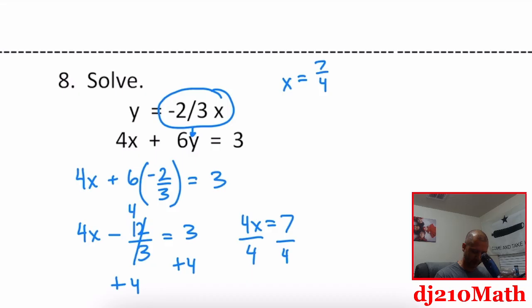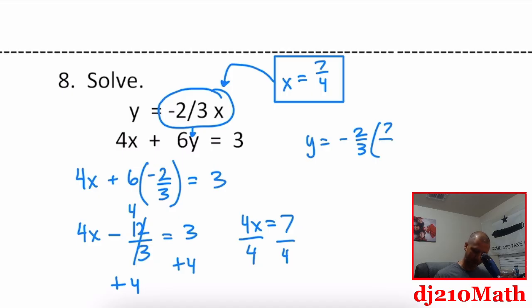Plug that into here, and we get y is equal to negative 2/3 times 7/4. Okay, some things can cancel here. You gotta learn how to cancel.